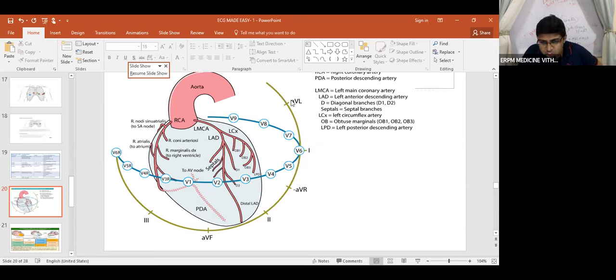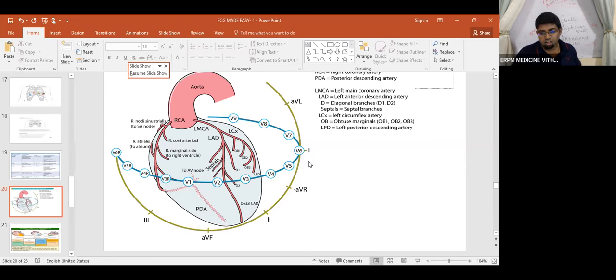If you look at the AVL and lead 1 here, they also look at the lateral side of the heart. Now, so far, what are the leads looking at the lateral side of the heart?